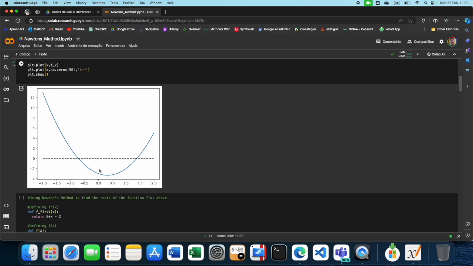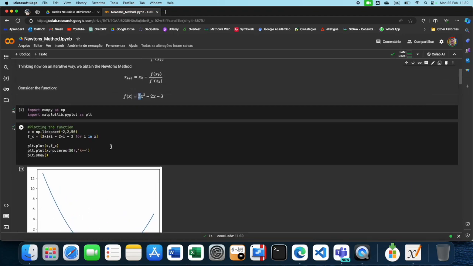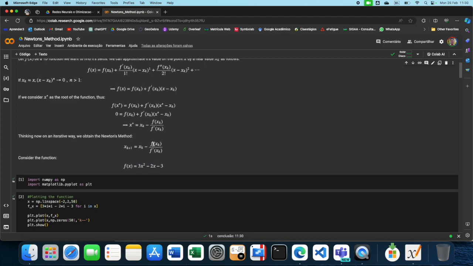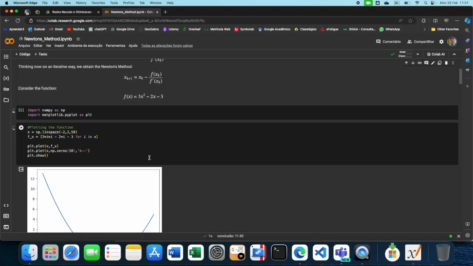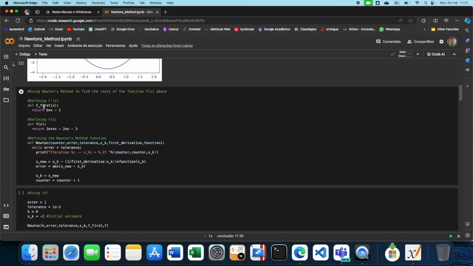We want to find these 2 points here, the points where the function f equals 0. In this piece of code, I declared the function f, the first derivative of f, and then the Newton's method. Here is the heart of the method. We are updating our first estimate by doing this subtraction.